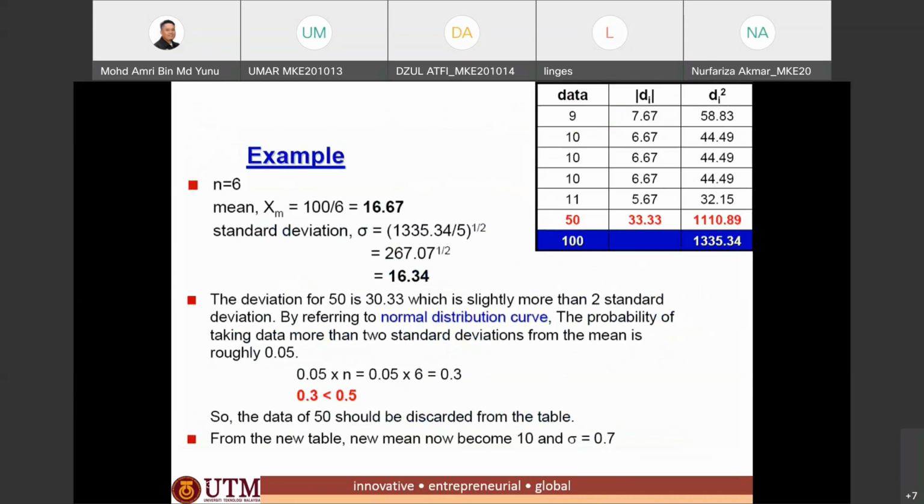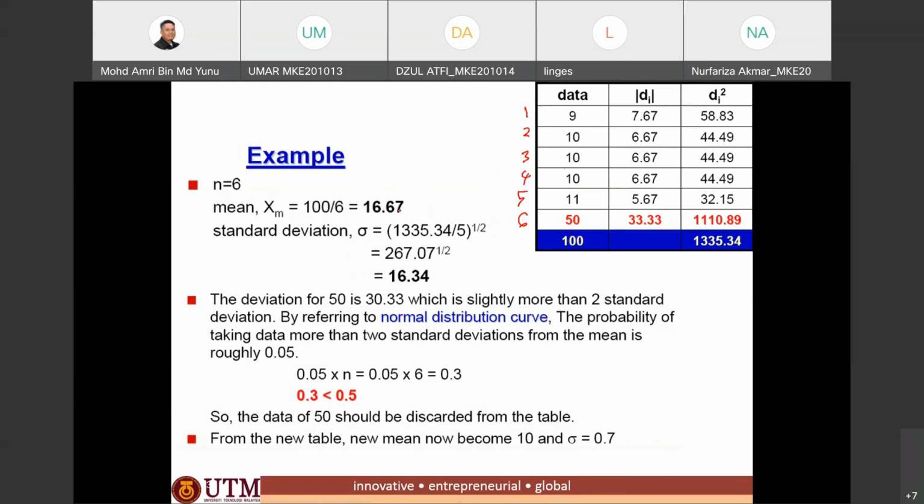We have 6 sets of data, 1, 2, 3, 4, 5, 6. And first we find the mean value of the data. The mean value is basically the sum of the data, 100, divided by 6.